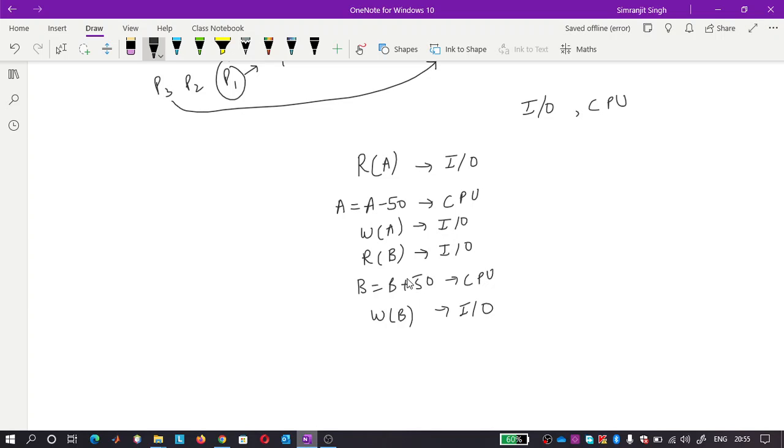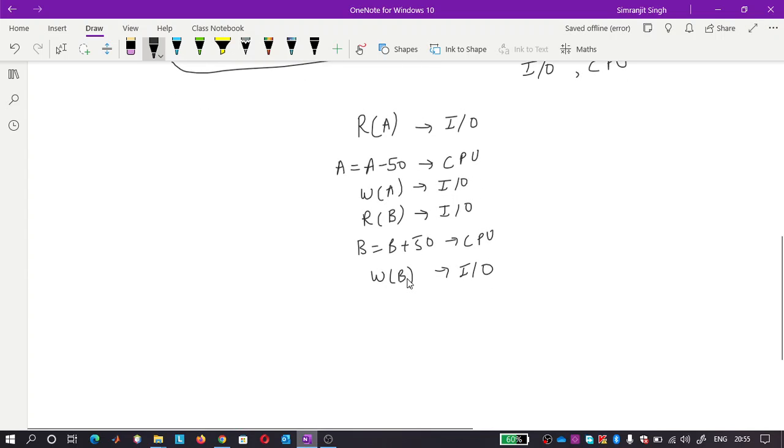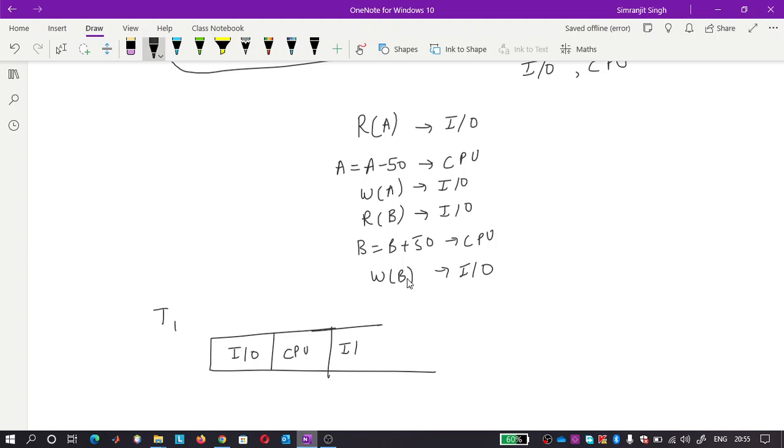If I write that transaction in order of their usage, this is transaction T1, and it looks like it needs IO, then CPU, then IO, then IO, then CPU, and then IO.